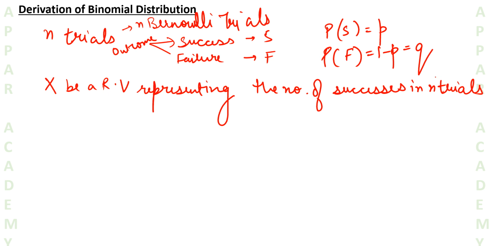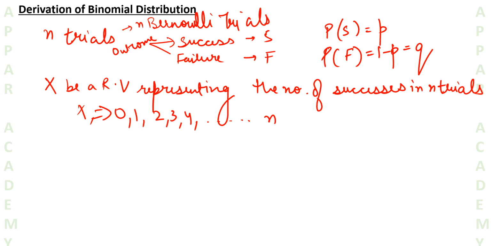So these are simply the number of successes in n trials. Now we know that the possible values of X are 0, 1, 2. It can be 3 successes, it can be 4 successes, it can be simply n successes, right? That is, we are getting a success in all the n trials.